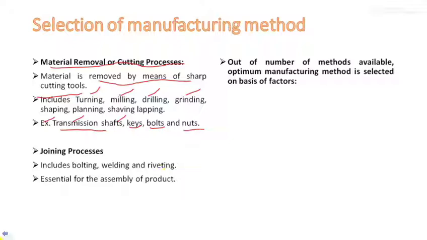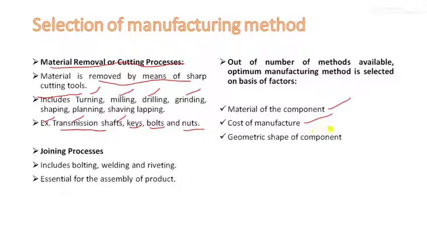Now, out of the number of methods available, the optimum manufacturing method is selected on the basis of these factors: material of the component, cost of manufacture, geometric shape of the component, surface finish and tolerance required. The material of the component covers the availability of the raw material, cost of the material, strength, or you can say the mechanical as well as chemical properties of the material.